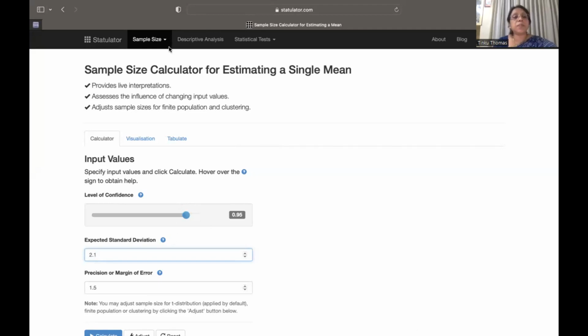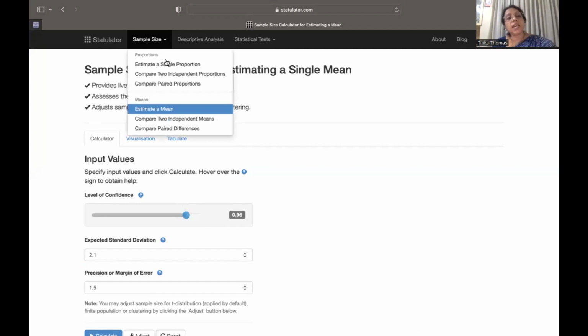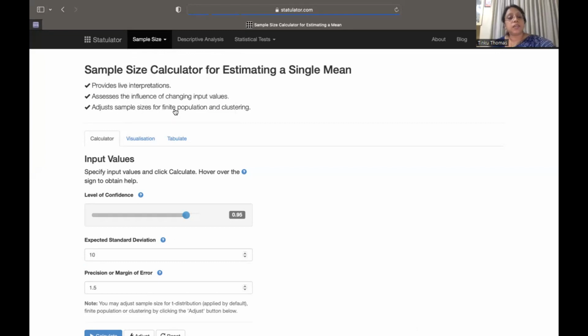So let me just show that again. Earlier, I had used this estimate of single proportion, but now since I am trying to estimate the mean hemoglobin, I'm going to use this option, estimate a mean. So the expected standard deviation according to my previous data is 2.1. So enter that there.